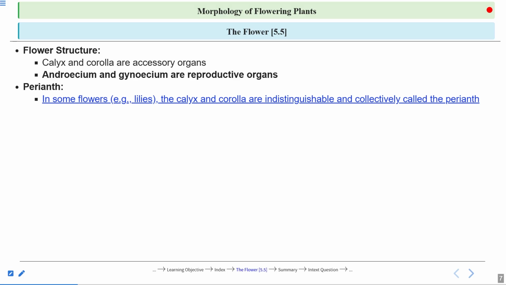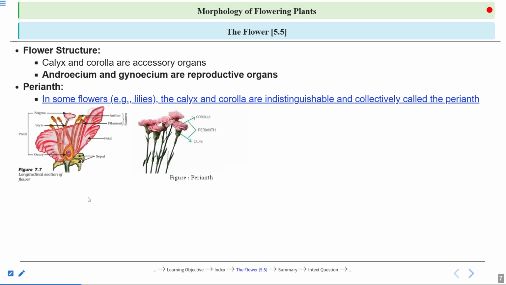But in the case of a perianth, the calyx and corolla are indistinguishable and they are collectively called as perianth. Here you can see a figure of a flower in which the sepals and the petals are there. Calyx and corolla are properly distinguishable. But see this flower.